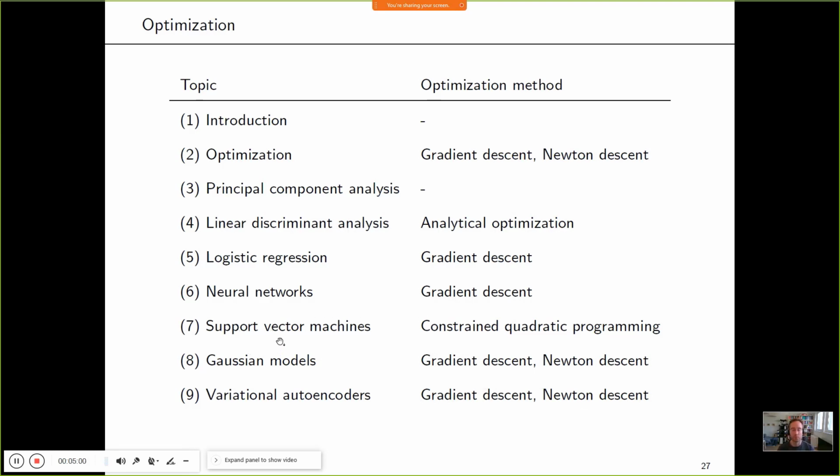In support vector machines, we will actually have to, because a big part of support vector machines is this relation to kernel methods, and this relation to kernel methods, or this development of kernel methods, one can only really understand if one understands a little bit more about optimization, namely constrained quadratic programming.